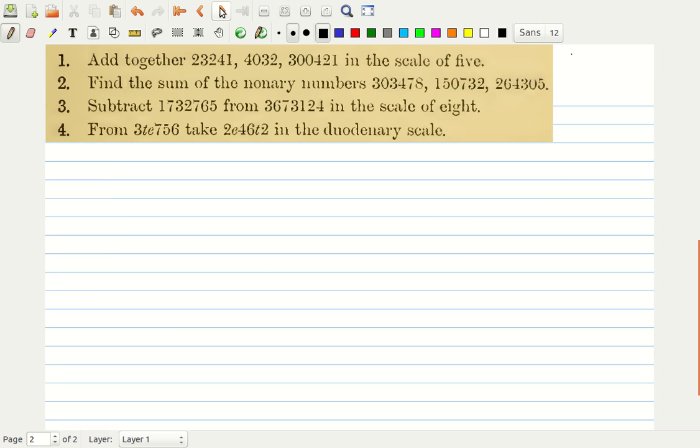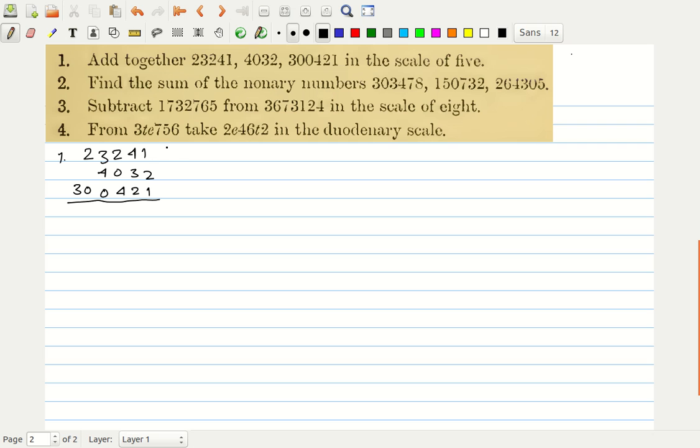For example, the first problem is to add 2, 3, 2, 4, 1, 4, 0, 3, 2 and 3, 0, 0, 4, 2, 1.